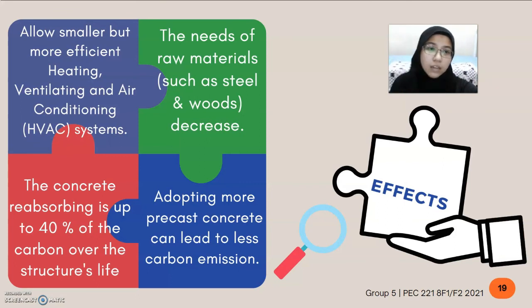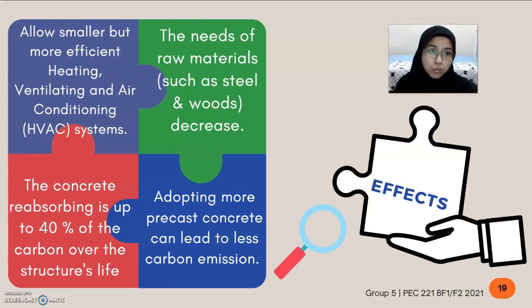So we know that wood is often used for formwork in construction. But the wood usage is not environmentally friendly, and the disadvantage of using wood is that it cannot be reused again after using it, and also it takes time and energy to assemble and reassemble the wooden formwork.